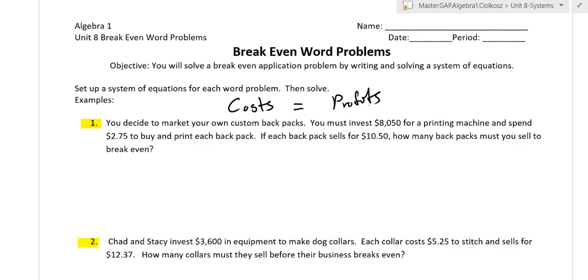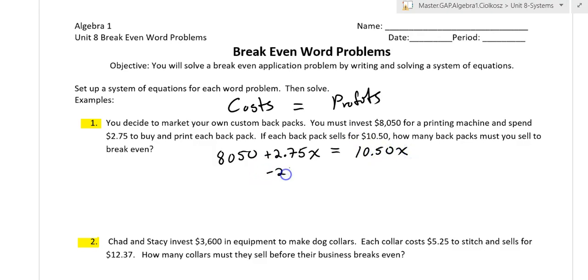So we're going to think about 2 sides of an equation here, our costs and setting it equal to our profits. That's what the idea of break even means. How many do I have to sell so that I'm starting to make money? On my cost side, I invested $8,050, so that's a cost. And then it's saying I spend $275 for each backpack. So plus $275, remember that each and every means we get an x by it. It's equal to, I'm selling each backpack for $10.50, so that $10.50 also gets an x. From there we solve.